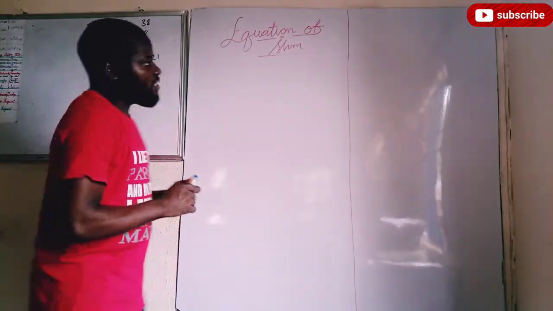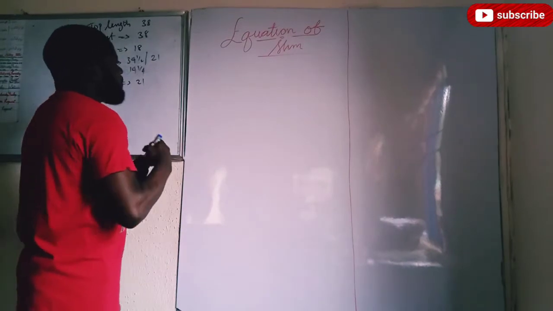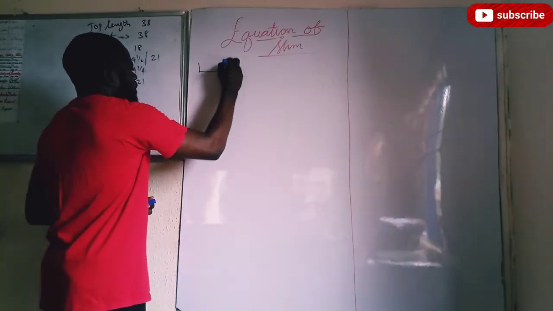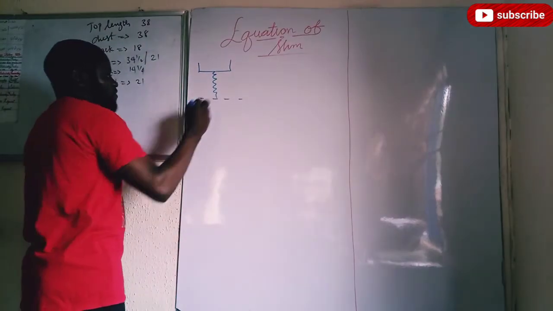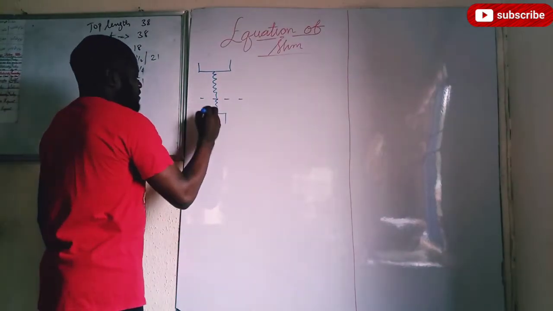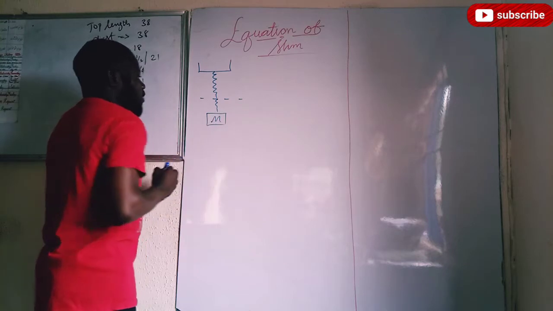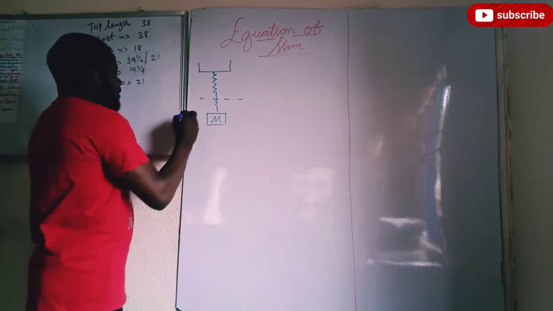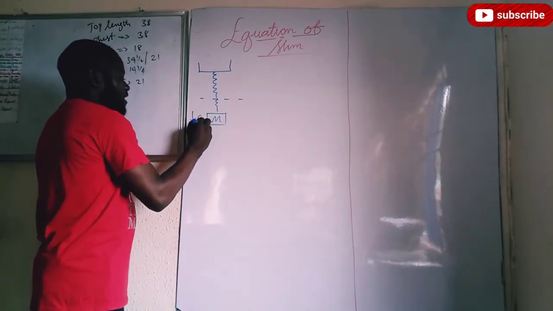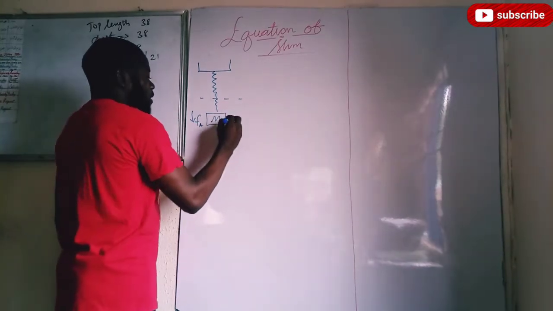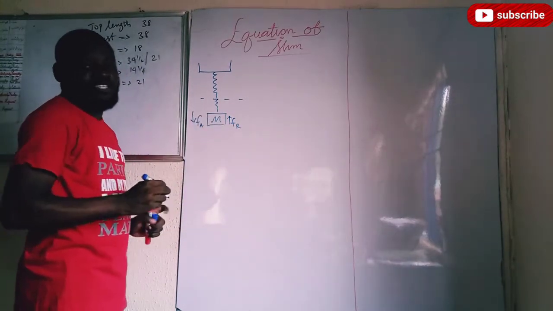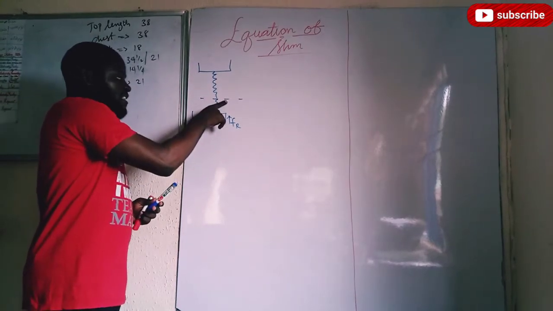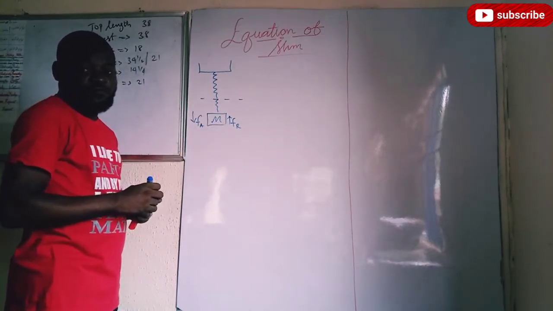Now, let's quickly see. If I have that this is a spring, and here is the equilibrium position of the spring. This is the mass that will be applied to the spring. The applied force is acting in the downward direction, while we have the restoring force that will cause the body to keep oscillating, ready to take the body to the equilibrium position.